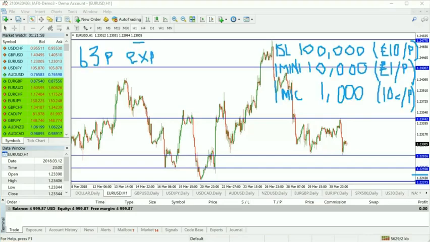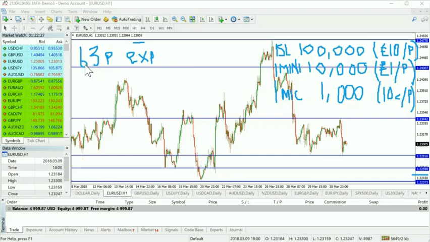So at this point, it'd be quite useful to bring this back up on screen, because if we have a 63 pip exposure in this particular market, and let's say we happen to be trading a 1 mini lot trade, which is 10,000 euros worth of USD, we know that there's a one euro pip value per pip movement.